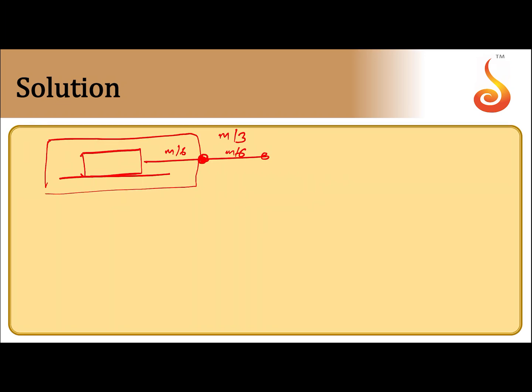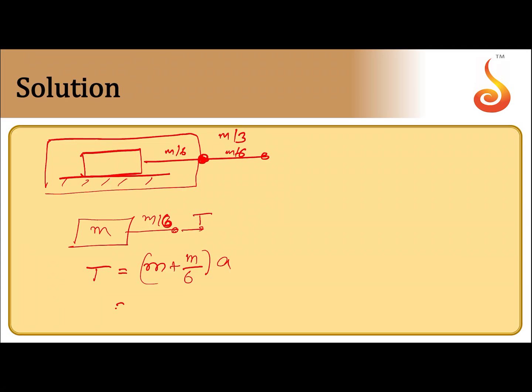That means now it is the tension which is pulling these two together, correct? So this is of mass m, this is of mass m by 6, tension is pulling it along this direction. So what is that equal to? The tension is equal to its mass, that is m plus m by 6, into acceleration.